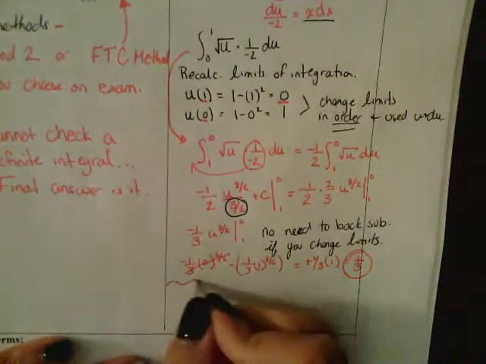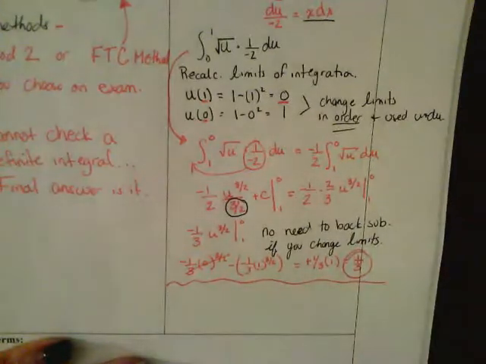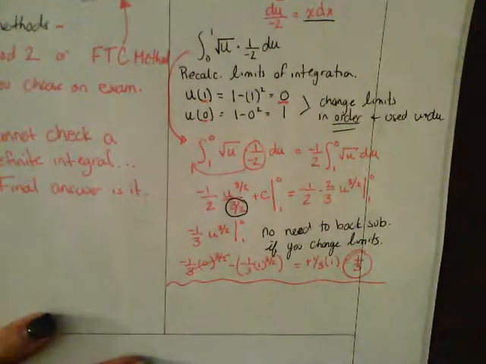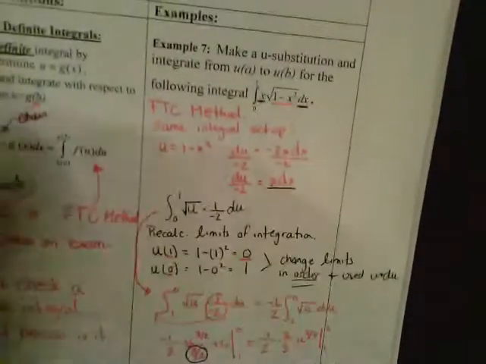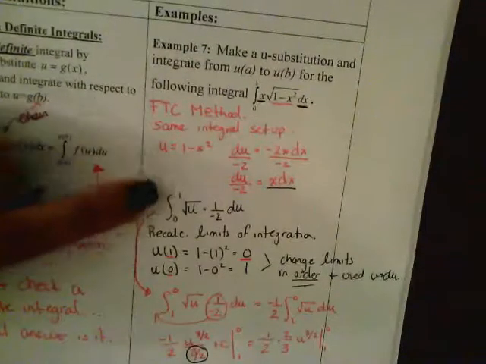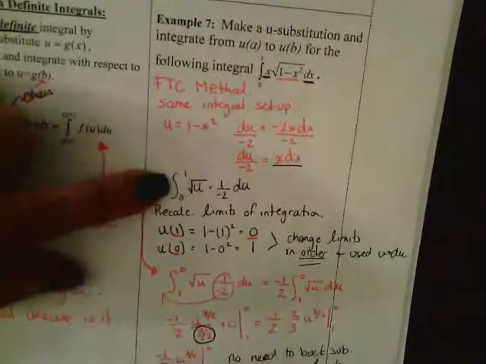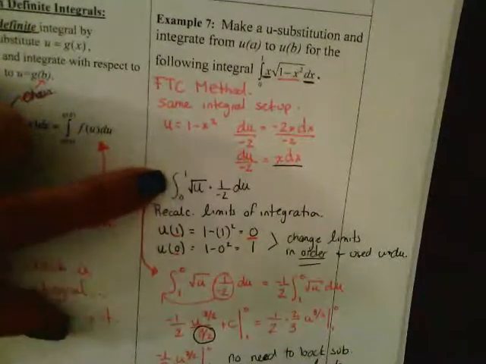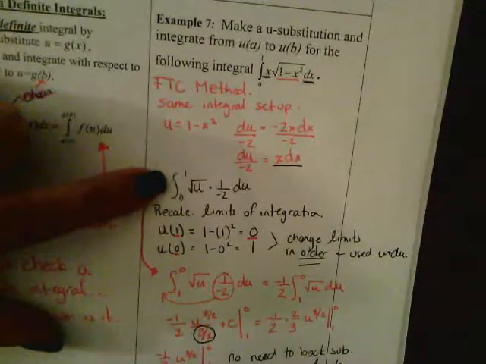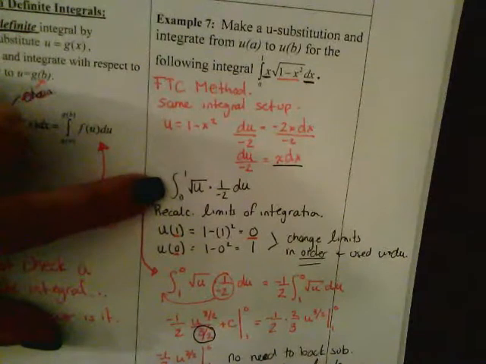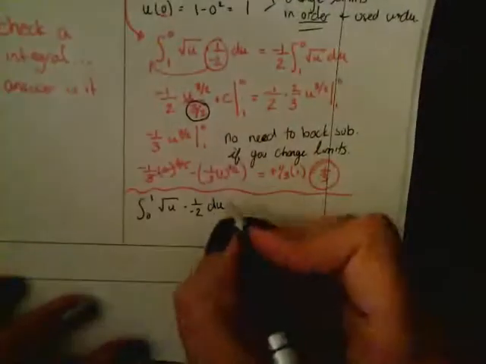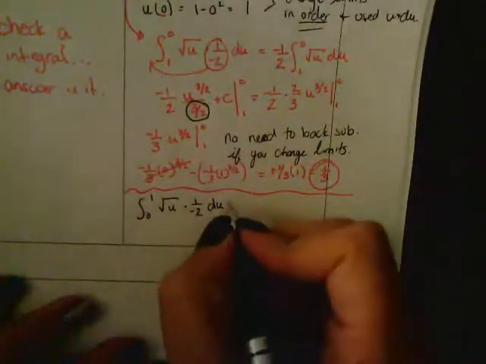Okay. Now method 2 is exactly what we've been doing. So it's using the u, figuring out our integral. So it's starting at this step right here, and now just integrating like we always have done.